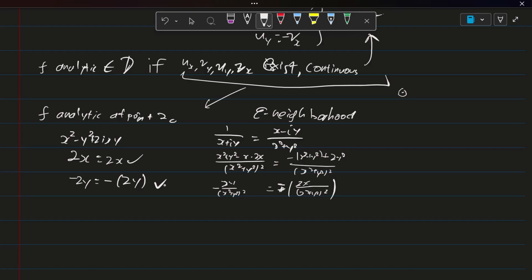Sorry, my bad. There should be a multiple of x as well, and multiple of y. And these two are also the same.